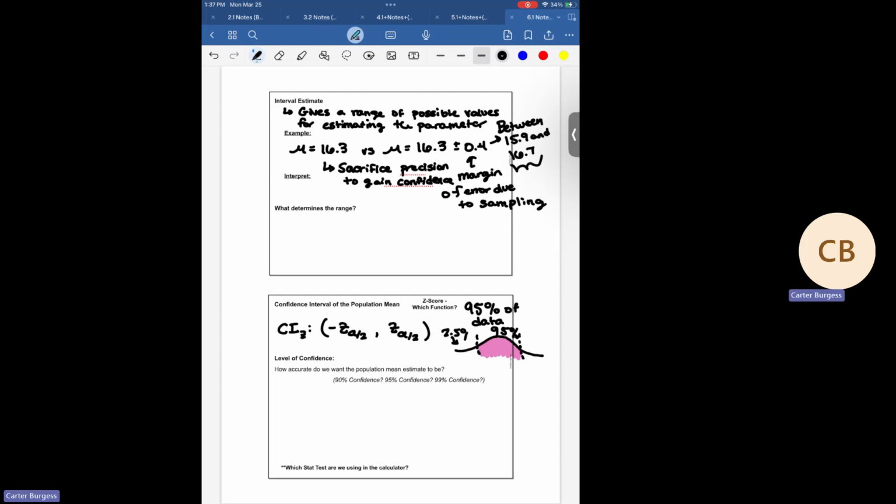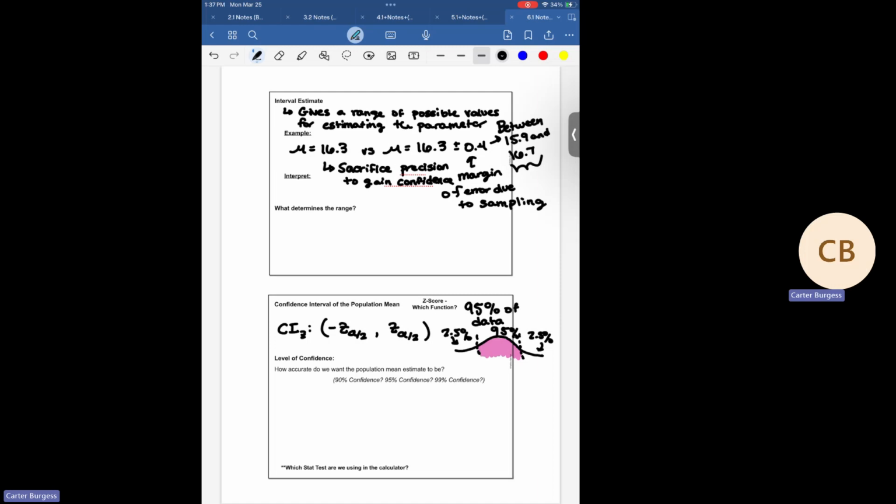And how much data do I have in this region? Also 2.5%. We have 5% left over, right? 5% not trapped between our two values. Half of it is to the left of the leftmost value. Half of it is to the right of the rightmost. This is what we're talking about with the alpha over 2.